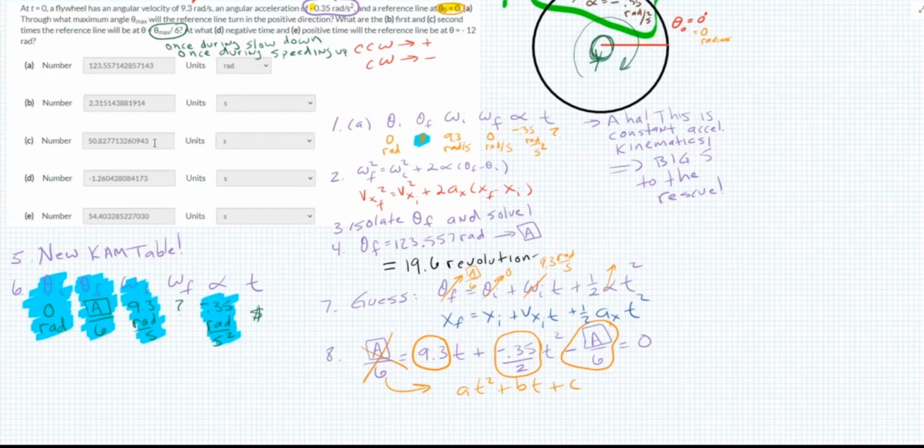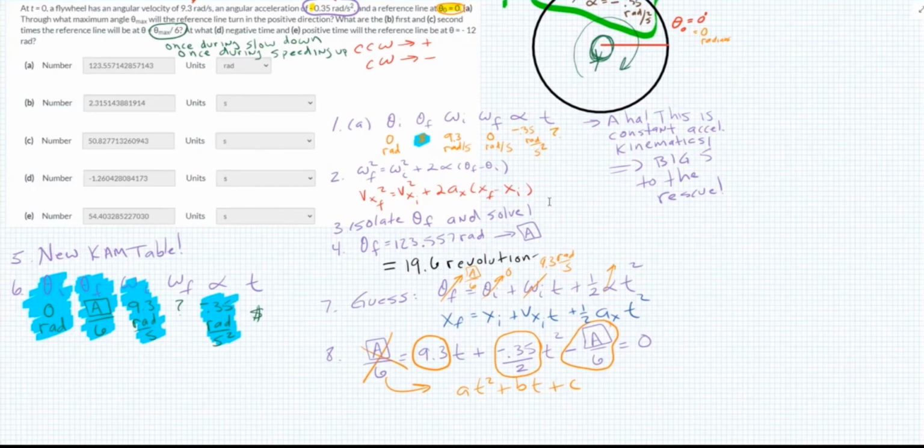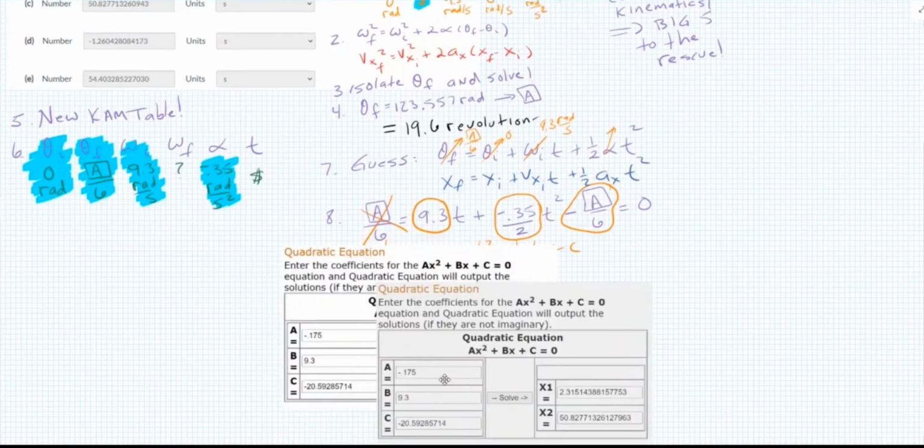Solve. Okay. I'll paste this. All right, when I do my quadratic equation chore, this is what I get.